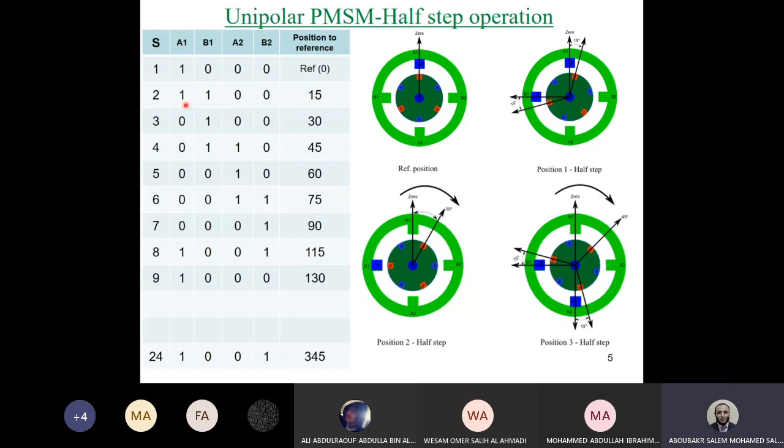So we expect to supply half coil A1 and half coil B1 in order to make the machine operate at half of the distance of the full step.